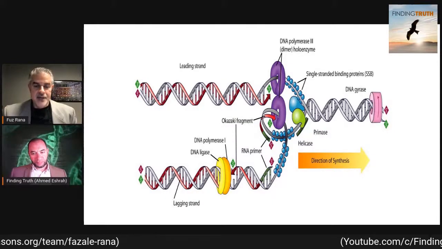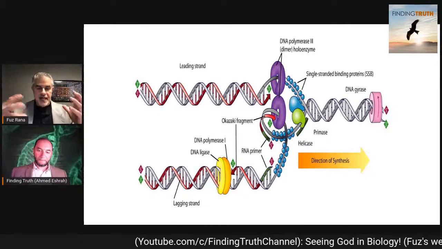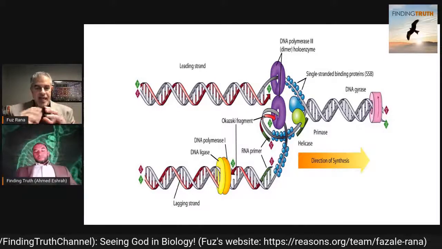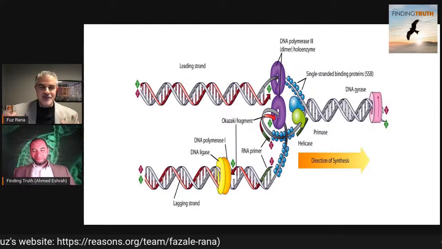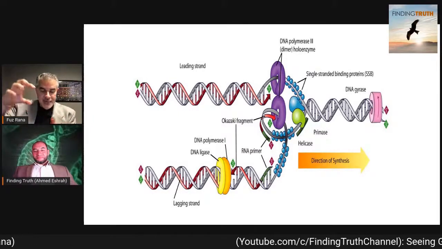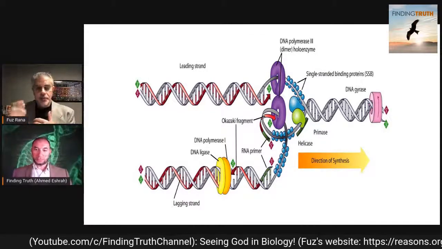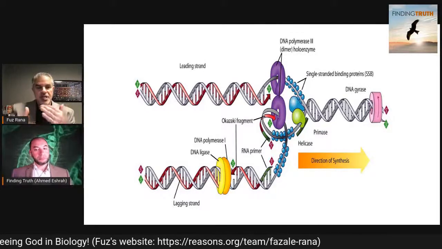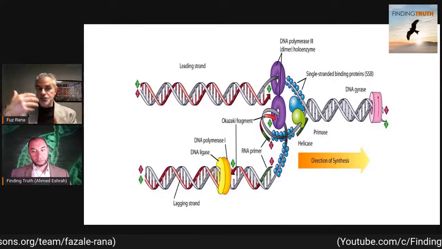Now we're going to take another look at this, where we're going to throw in the proteins that are responsible for the process. What happens here is, again, you have the DNA double helix, and this is a simplified description, by the way. This is not exhaustive. As part of the machinery that binds to the origin of replication, there is a helicase protein, and as the name implies, it unwinds the double helix, beginning the replication bubble and generating single-stranded pieces of DNA.